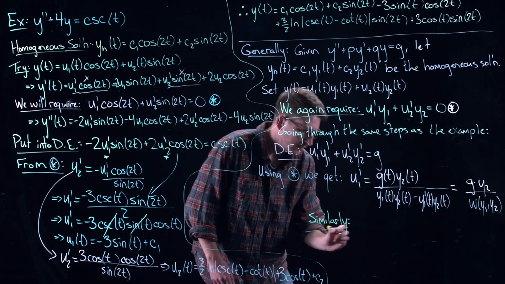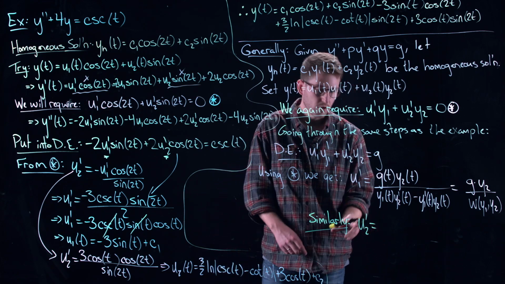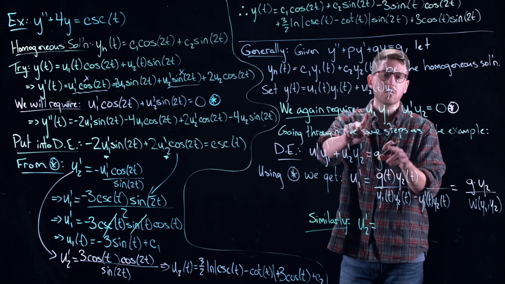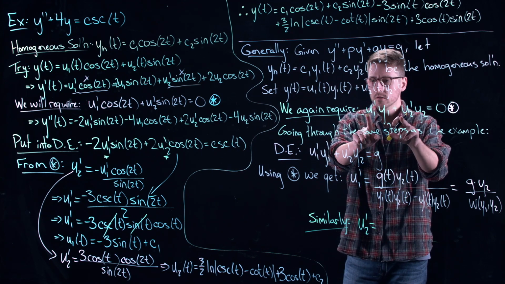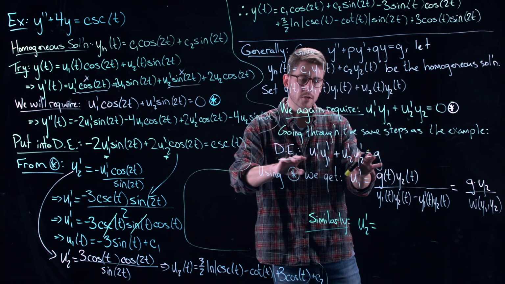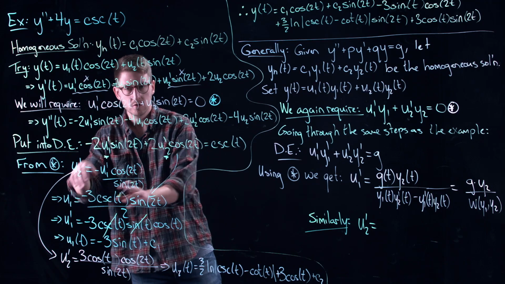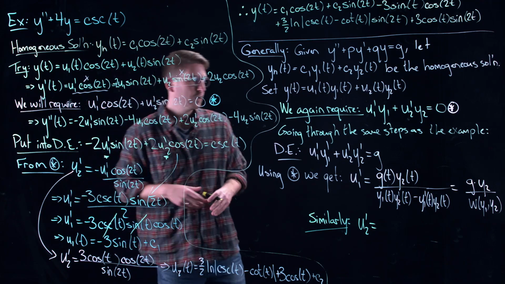Well, similarly, we get a formula for u2 prime. If you were to substitute instead for u1 in terms of u2, you would get an equation with just u2's in it. So basically, it's just doing the substitution the other way around.